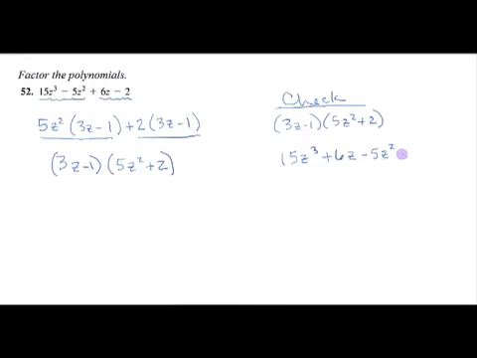And a negative 1 times 2 is negative 2. Of course, if we would want to put this into descending order, make sure that you carry the signs with the correct terms. Then you'll see that we have the exact same polynomial that we started with. So that was the correct factorization.